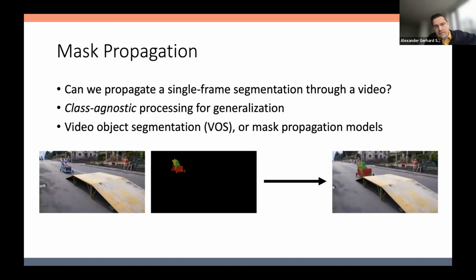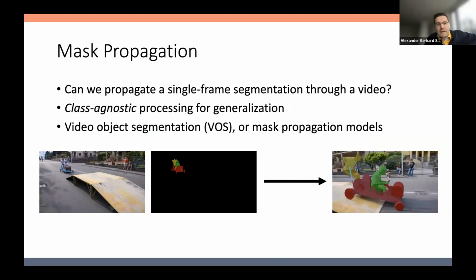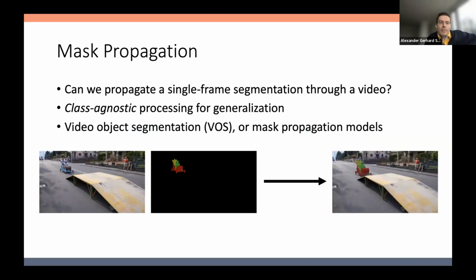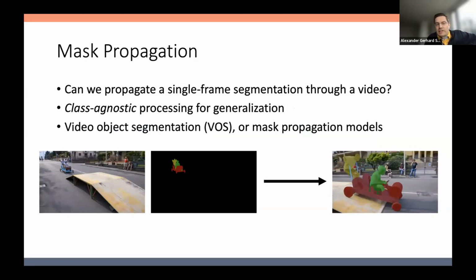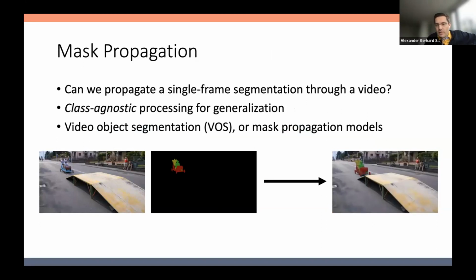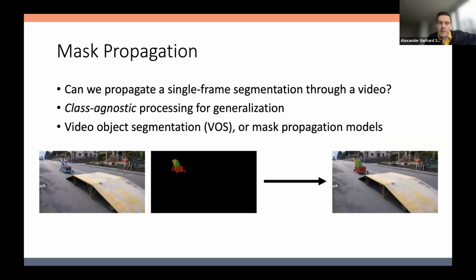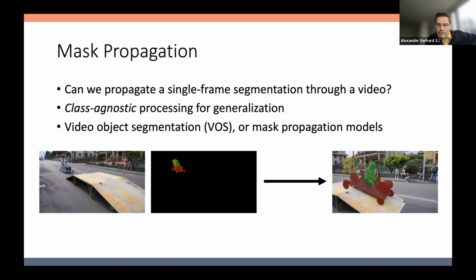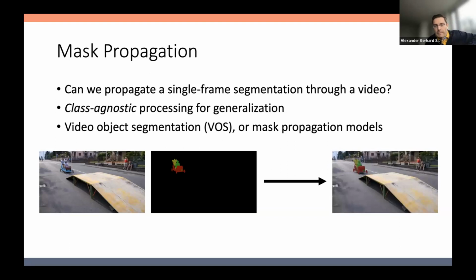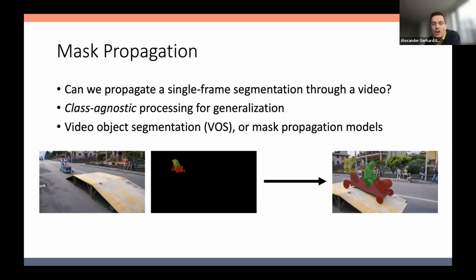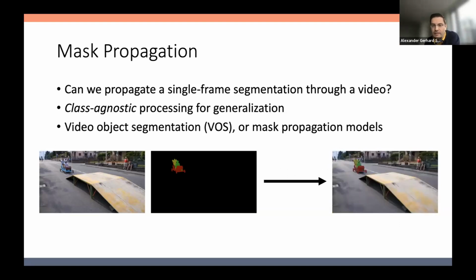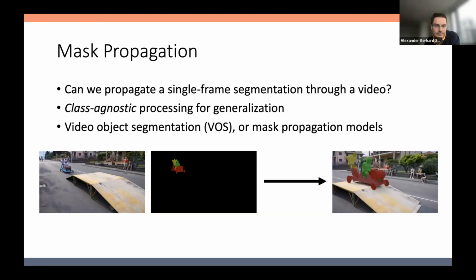And if you think about the problem from that perspective, then one thing that immediately comes to mind is techniques like video object segmentation, where we're given an image and the corresponding mask annotation for the first frame. And the task really is to then propagate the given information across the different frames in a video.